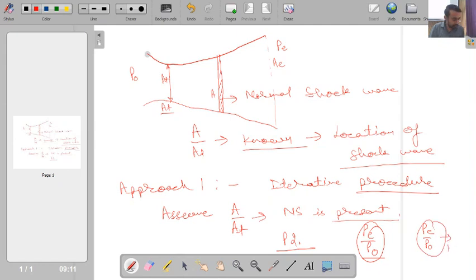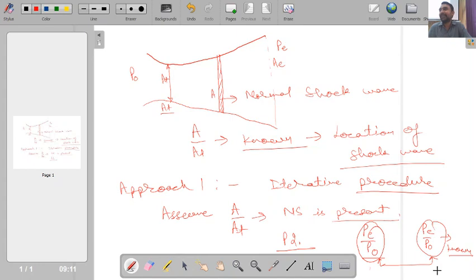Okay, so I can make a comparison of these known and unknown parameters, and depending upon that I have to adjust this value of A by AT each time till the calculated value of PE by PO matches the known value of PE by PO. Is this point clear? So this is approach 1 where we have to follow the iterative procedure.